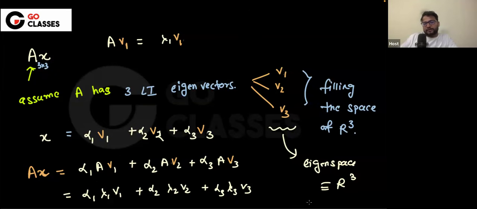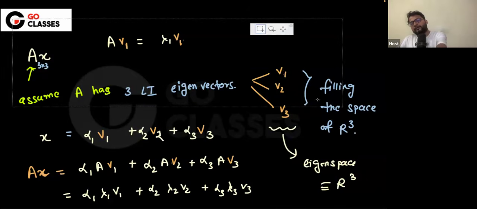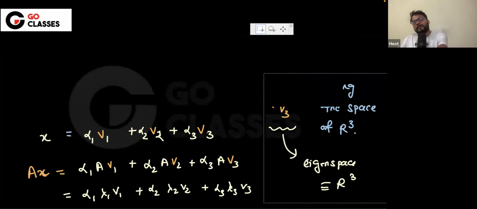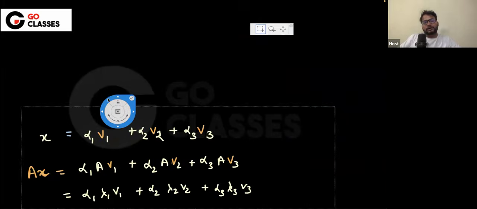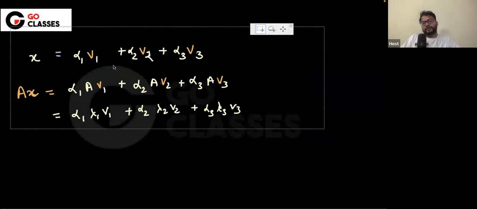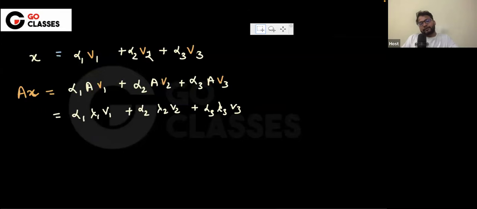So basically, what I'm saying here is that suppose b1, b2, b3 are the eigenvectors, then they can fill the space, right? So I'm using these b1, b2, b3 to fill the space. Then x can be represented like this, and then Ax will be like this.